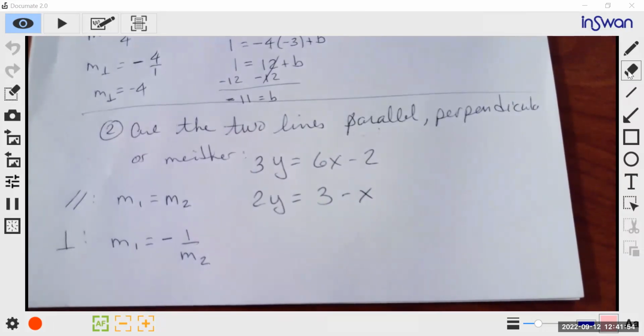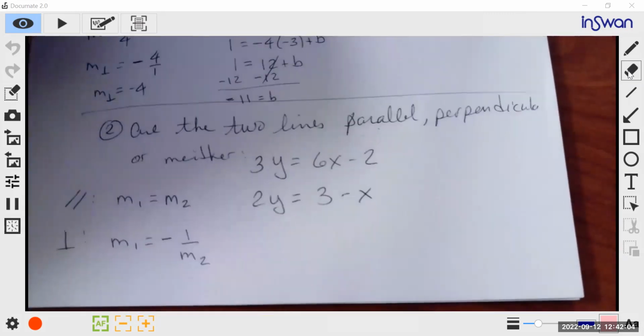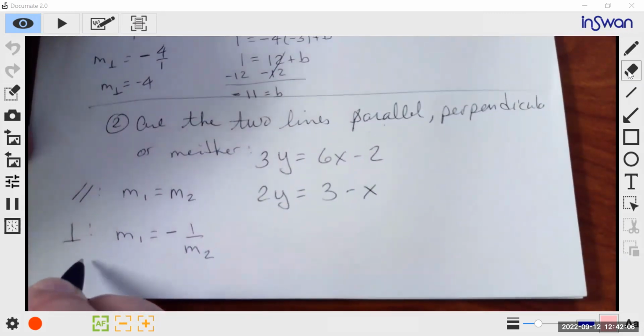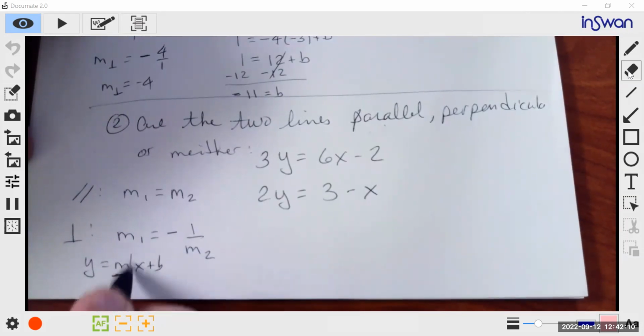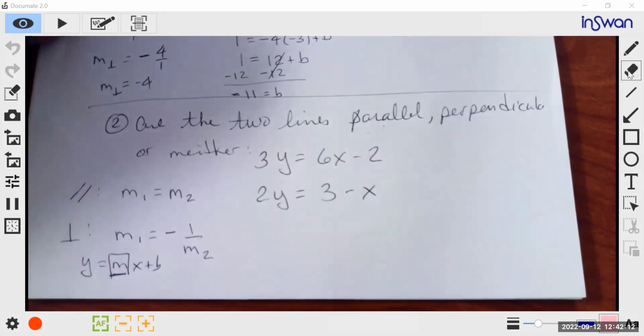And in order to look at those slopes, what form do they have to be in? Slope-intercept form. Y equals mx plus b. The equations have to be in this form because whatever's in front of the x will tell you if the lines are parallel or perpendicular.